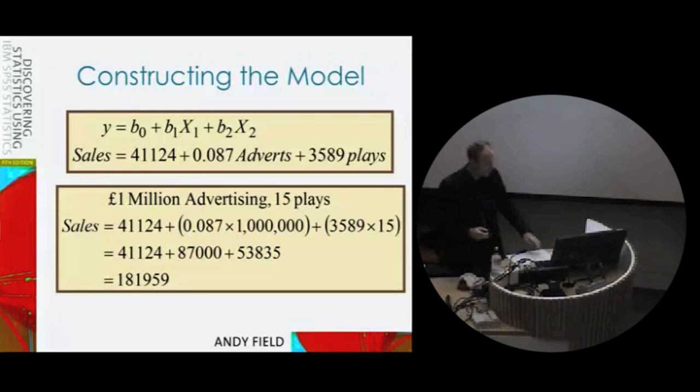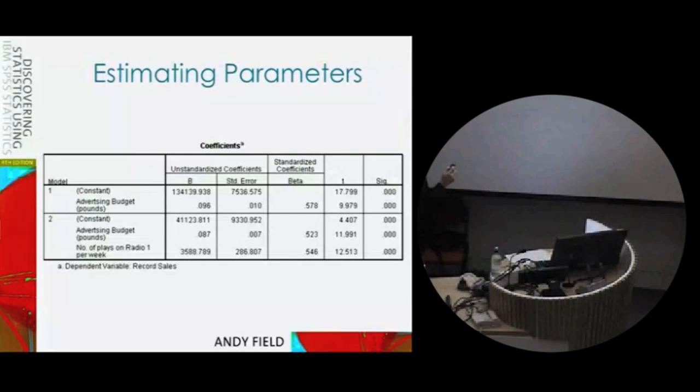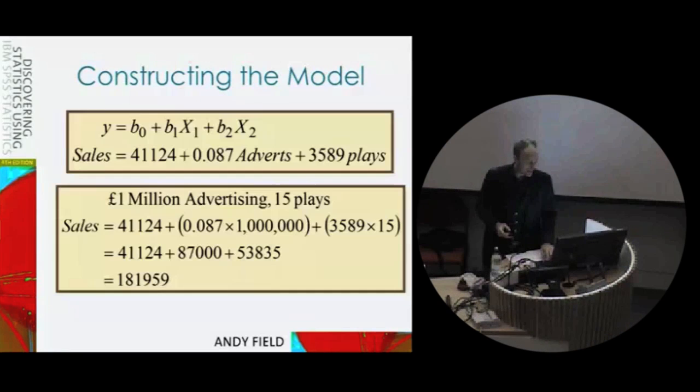So for example, if I go backwards, our constant, our beta 0, was 41,123. I don't know why I didn't keep the numbers a bit simpler, but anyway. And I've rounded off, but that's the value we get here. So we're just literally taking the numbers out of the SPSS table and plugging them in to construct this model.